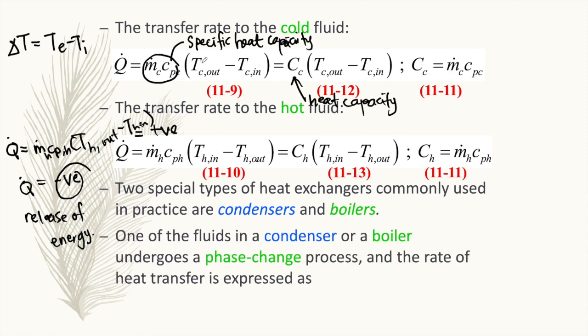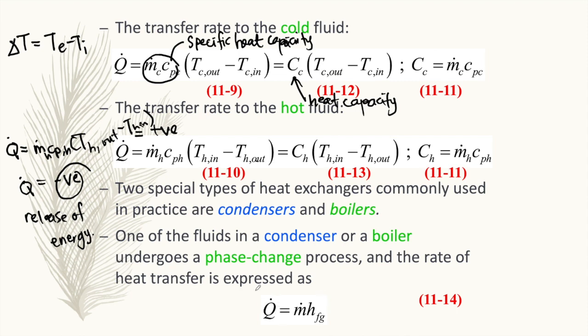Since the condenser and boiler undergo a phase change process, we may use this equation, Q dot equal to m dot hfg, where m dot represents the mass flow rate of that fluid, either hot or cold fluid, and hfg is the enthalpy of vaporization, where the phase change occurs, from liquid to vapor or vapor to liquid. It will have the same value. You may use this equation also to determine Q dot.